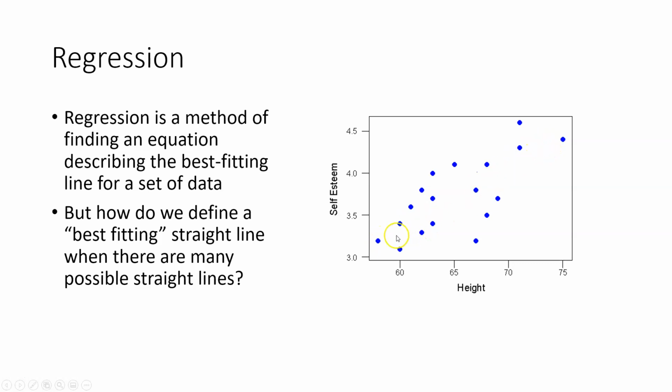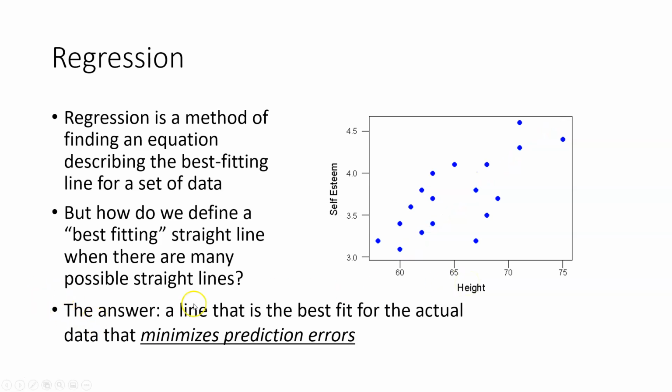And so, you won't find that every dot falls exactly on a fixed line. So here, we might try to draw a line through this set of data, and it might look like this. But you could also draw this, or this, or this. How do you know which of those lines that all look like they're approximately representing the relationship between these two variables, which one's the best fitting line, the right line? Well, we define the answer to that as the line that minimizes prediction errors.